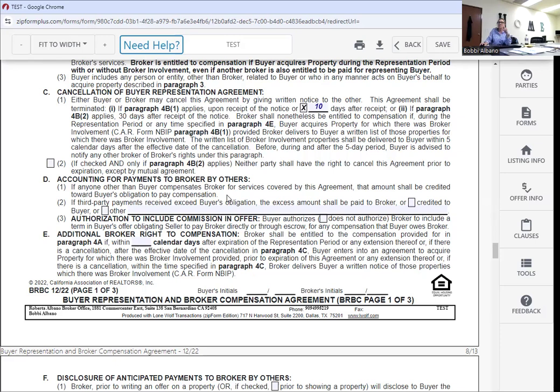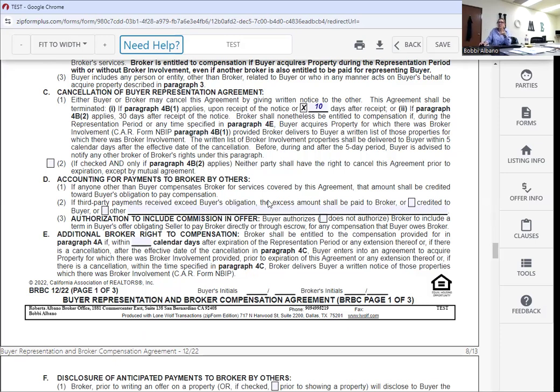So you want to just be very clear about what you're doing for him as the buyer. Okay, now it says if third-party payments received exceed the buyer's obligation, the excess amount shall be paid to broker or credited to buyer or other. So you have the choice here. So let's say the seller says, look, I'm willing to pay 12% towards the buyer's compensation.